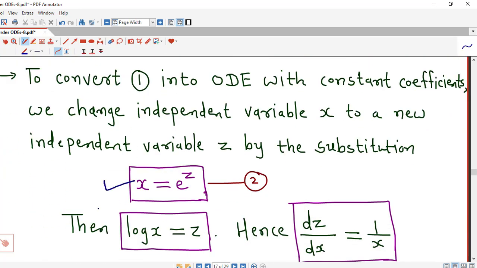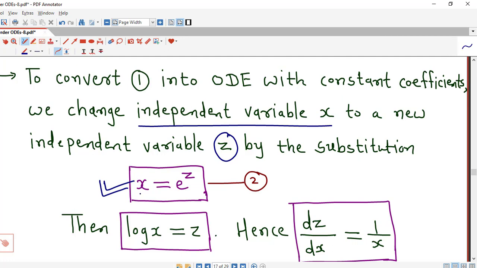We will remember this substitution, x equal to e raised to z. So we will change the old independent variable x to a new independent variable z by this substitution, x equal to e raised to z.